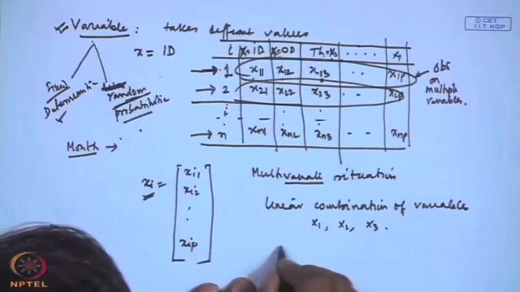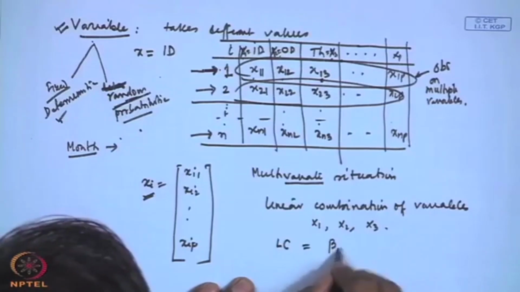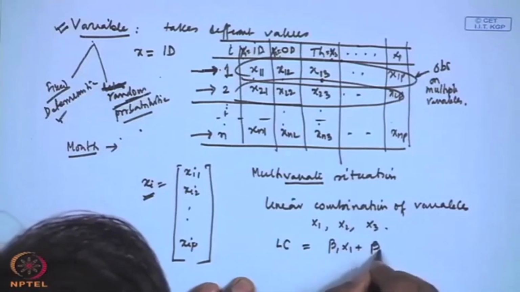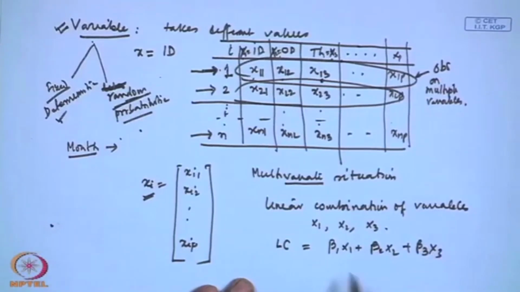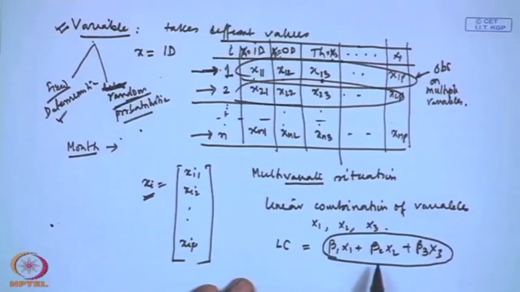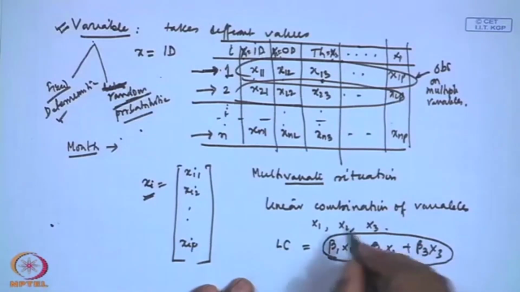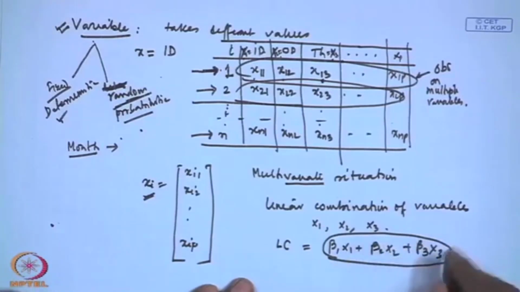If I create a linear combination LC, which is beta 1 x 1 plus beta 2 x 2 plus beta 3 x 3, this combination will give a quantity or a value, or in other words a variable, which is a linear combination of variables, which is variate. This is variate.